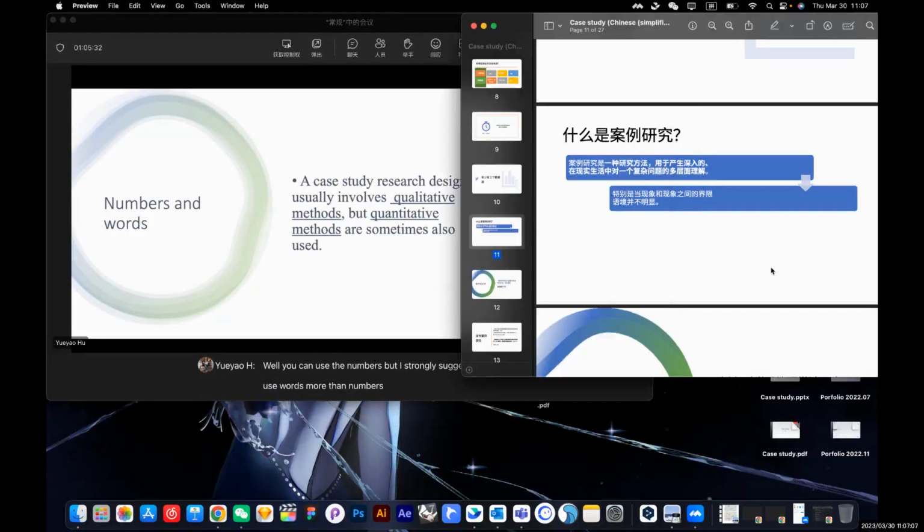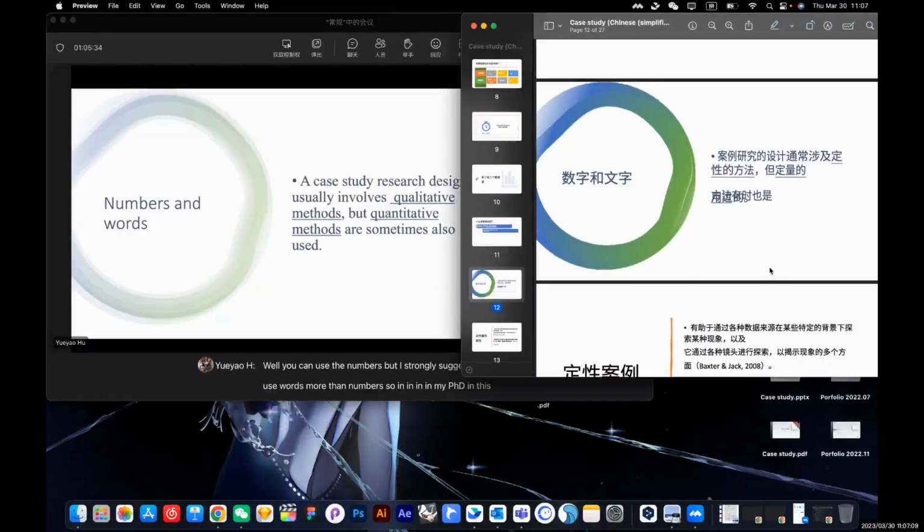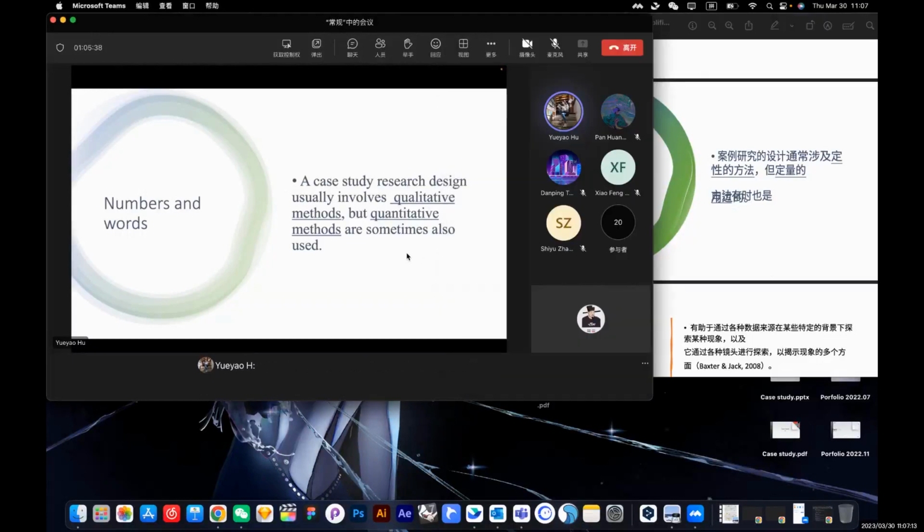In my PhD at this stage, I have to deal with numbers and words, and from my perspective, dealing with numbers is not really my thing. It's just hard. You have to start all over again to learn a different application, a different way to analyze things.